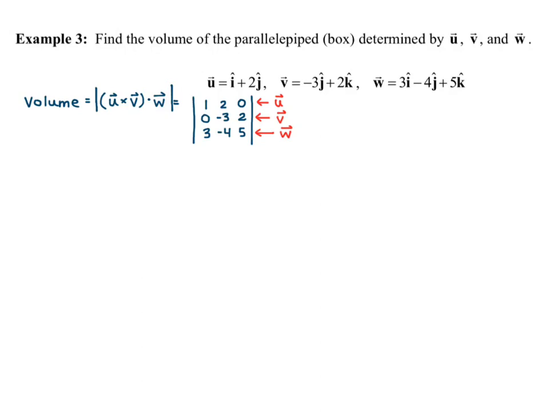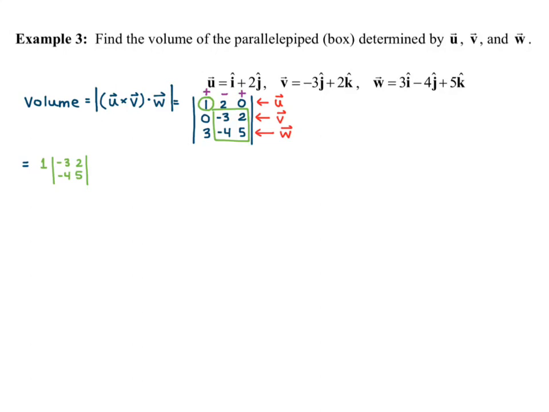Now the next thing we want to do is expand along the top row in taking the determinant. So we take that first entry and then the 2 by 2 matrix left over by eliminating the row and column that the first entry is in. So we get 1 times negative 3, 2, negative 4, 5. And now remember that your signs alternate.